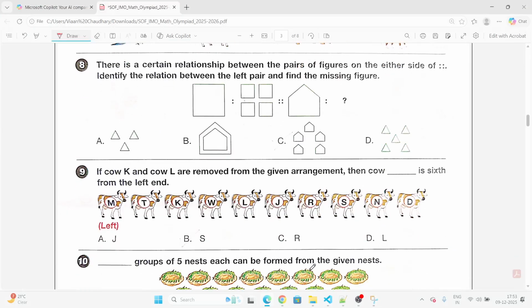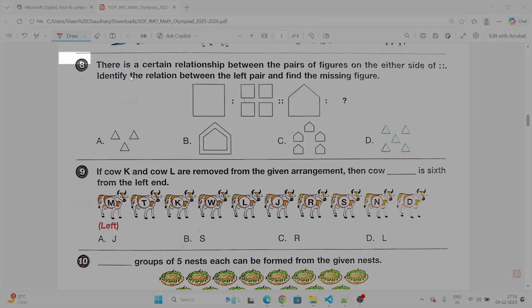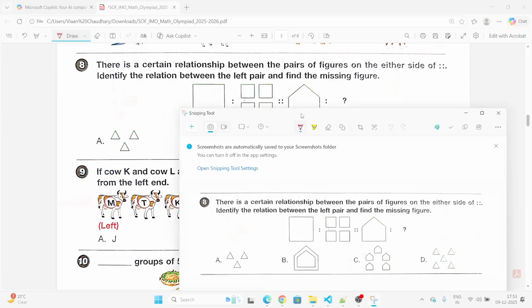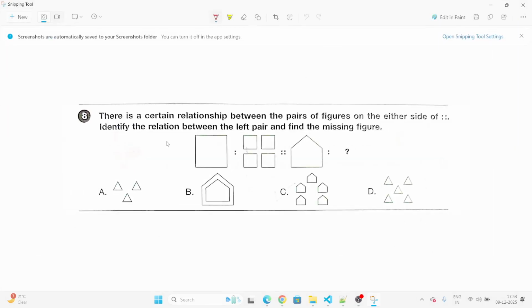Now we can move to the eighth question. There is a certain relationship between the pairs of figures on either side. We have to apply the same rule which has been applied on the left hand side between these two, here as well.